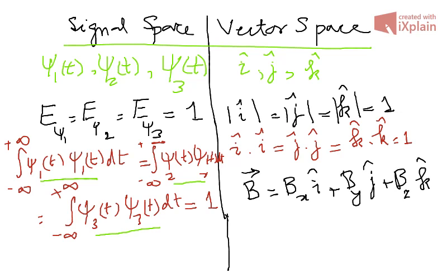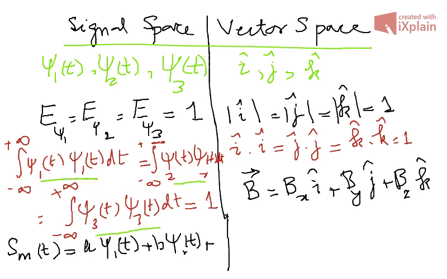Here in signals, we can write any signal, a three-dimensional signal, as a linear combination of psi 1 of t, psi 2 of t, and psi 3 of t. So we say that we can write Sm of t as a linear combination: a times psi 1 of t plus b times psi 2 of t plus c times psi 3 of t.